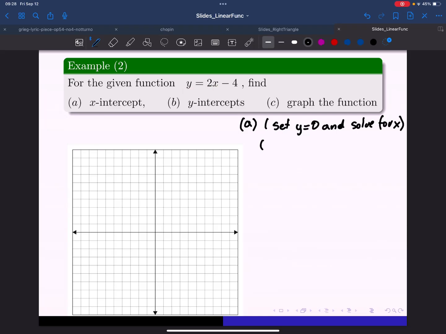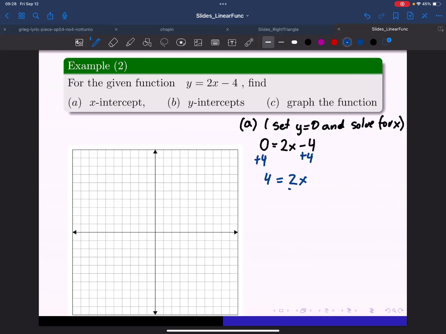So we have 0 is equal to 2x minus 4, and then we need to solve it. So we would bring it plus 4, plus 4. So we have 4 is equal to 2x, and to isolate for x, we would divide by 2.